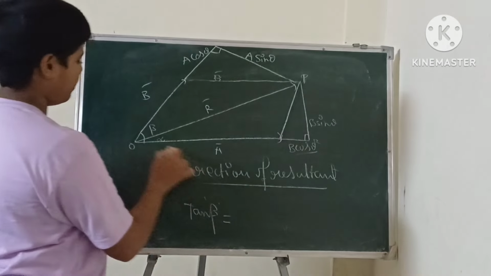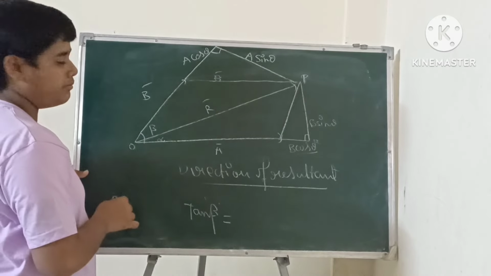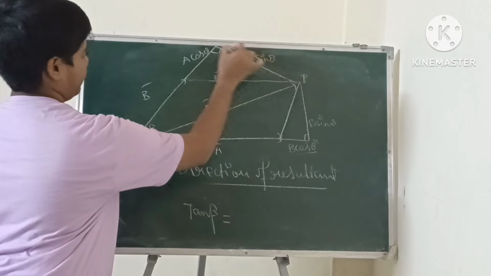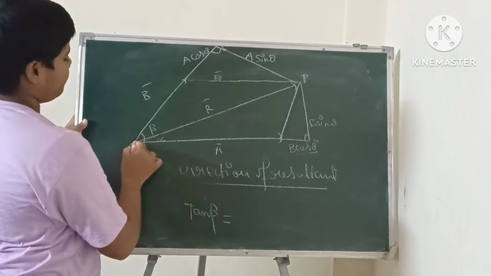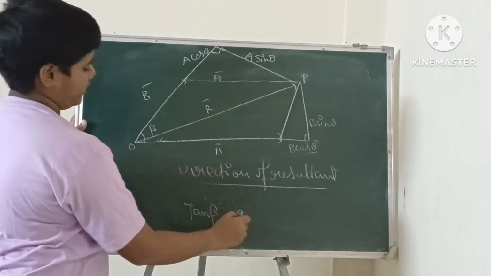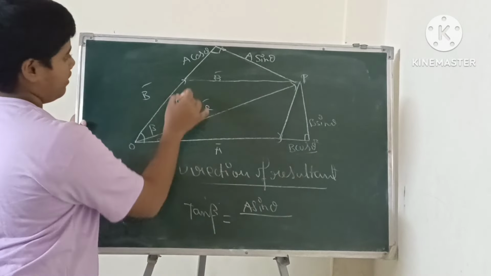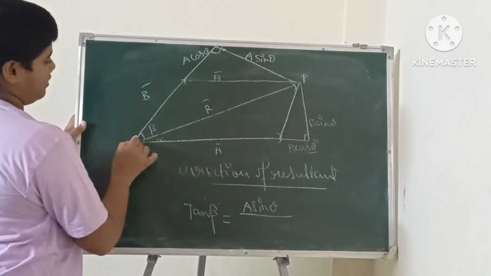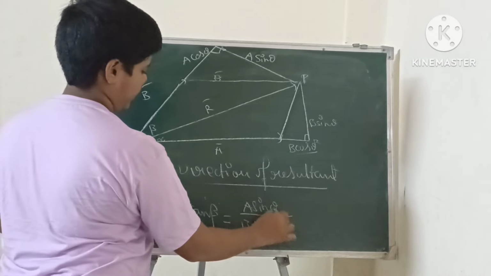Tan beta means this triangle, the OPS triangle. And here the opposite side is A sin theta by adjacent side B plus A cos theta.